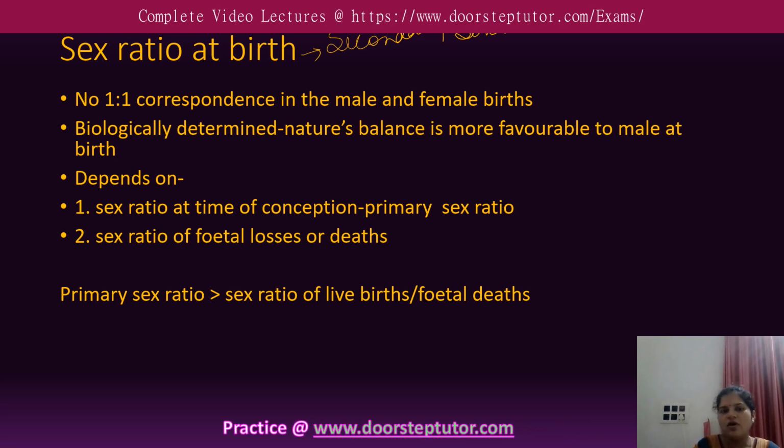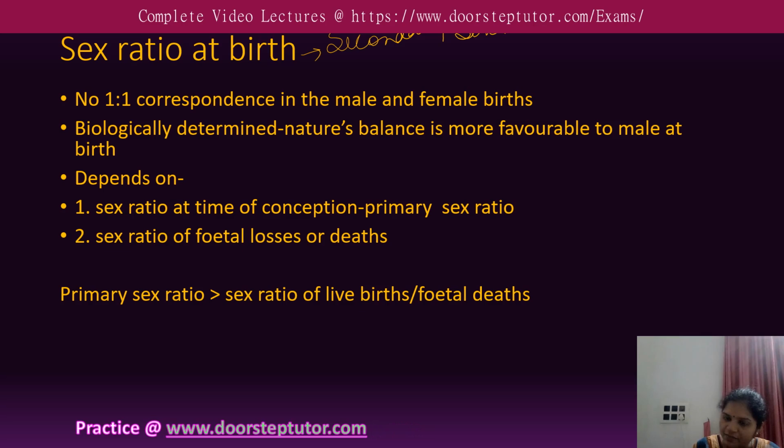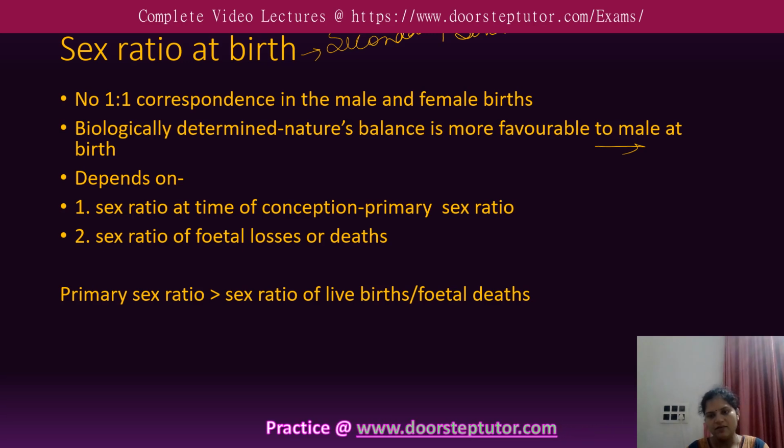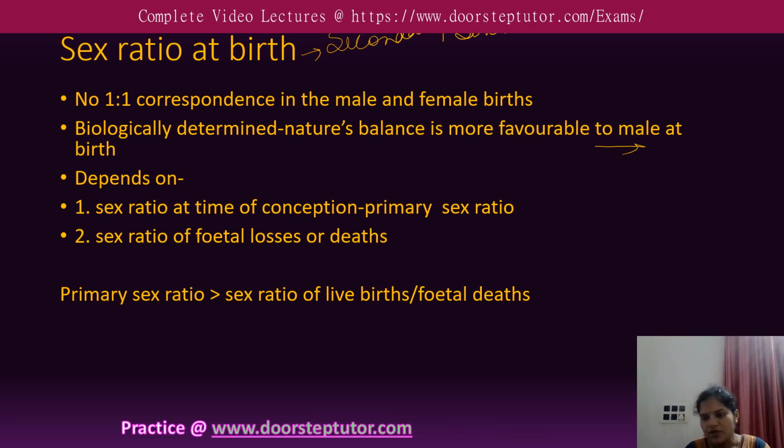As per the natural law, which is biologically determined, the natural balance is more favorable to the male. That's why males outnumber female births. From conception to birth, males generally outnumber females, and there is no external factor working behind it. It's just a biological and natural phenomenon.